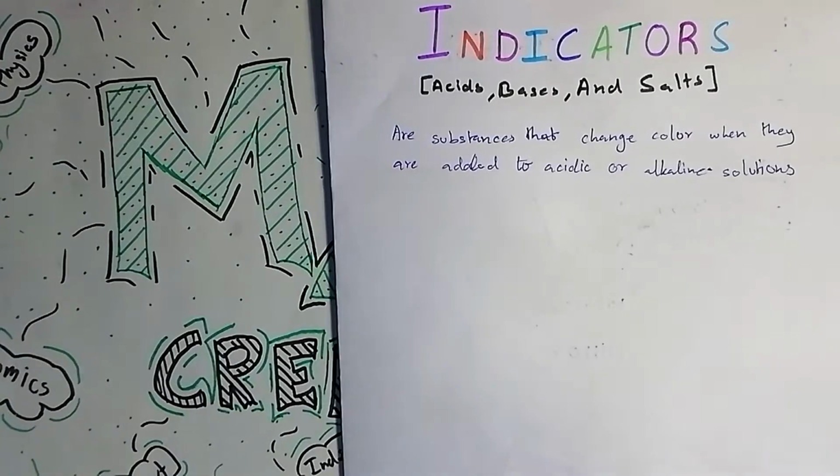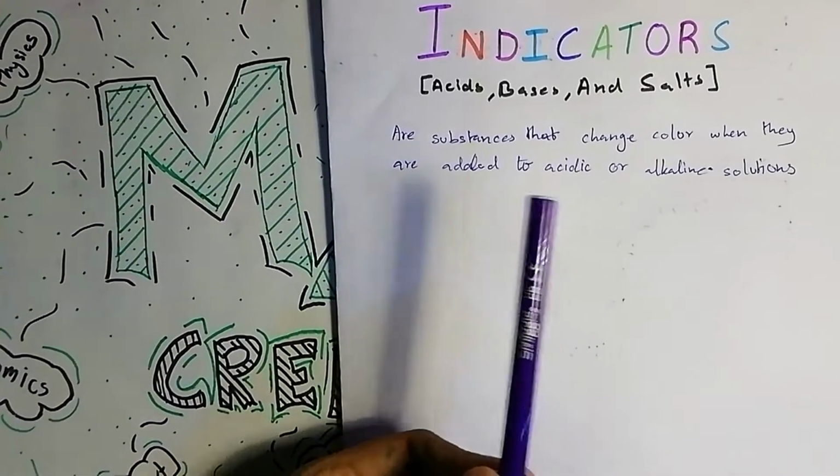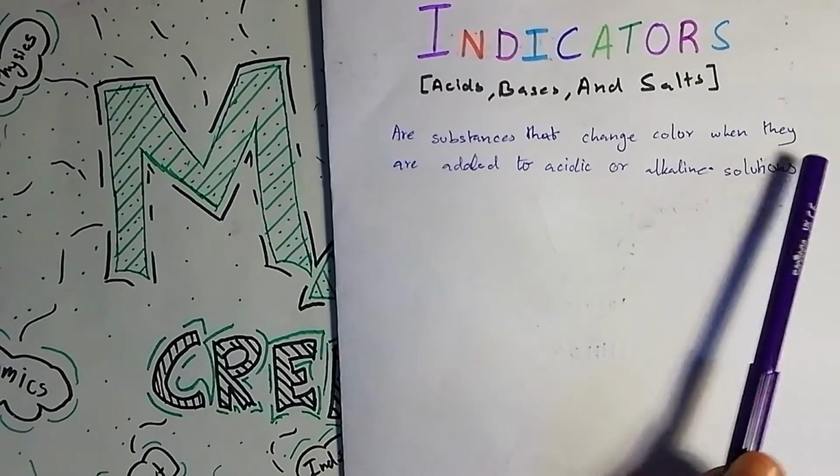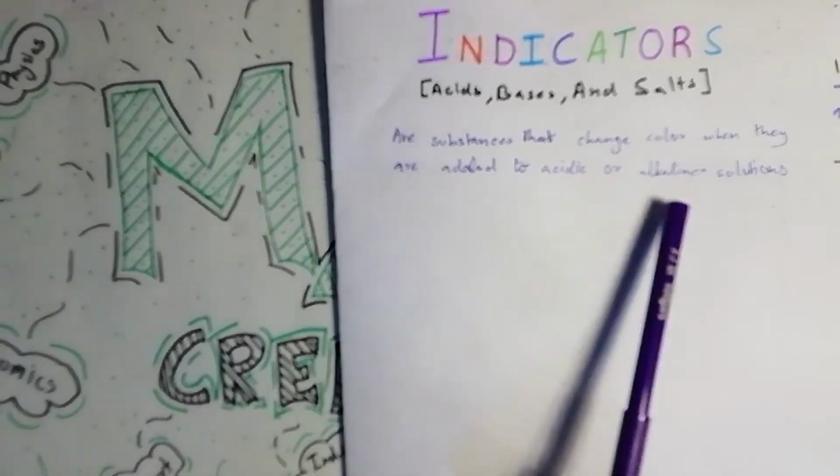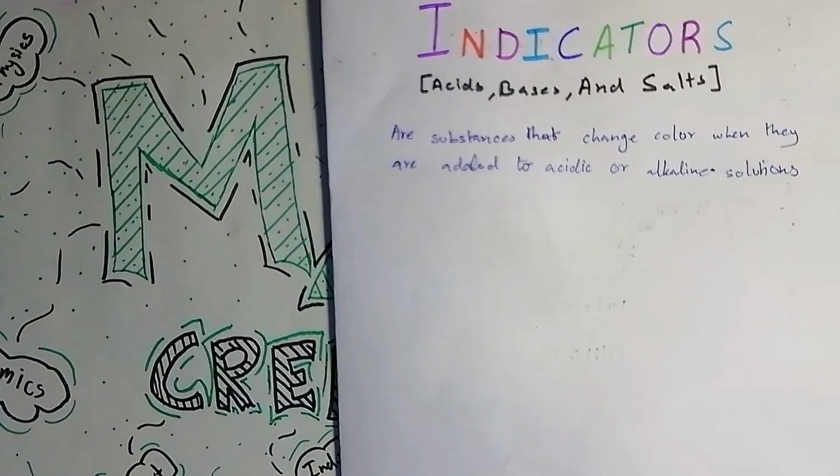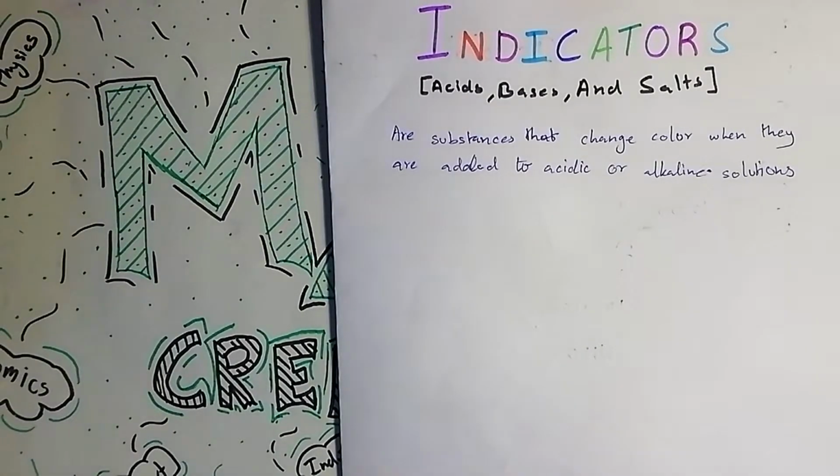Now, what are indicators? Indicators are substances that change color when they are added to acidic or alkaline solutions. So basically, these are substances that visually change color when you put them in acidic, alkaline, or neutral solutions.